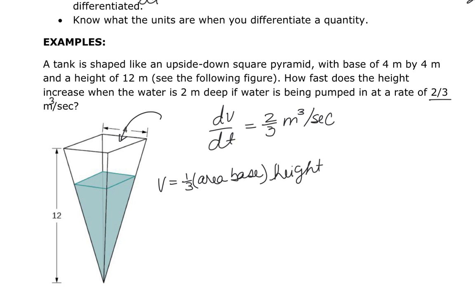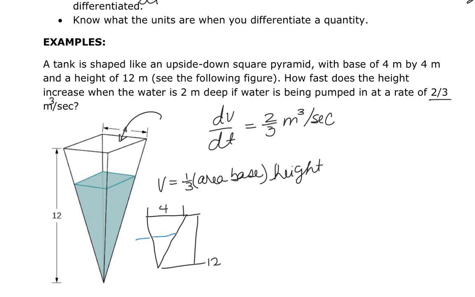Rather, what I'm going to do is look at the snapshot in time. So I'm going to look at my pyramid on its side, through the side. Now, we know that the total height here is 12. We know that this distance from side to side is 4. At the snapshot in time, I'm going to build this smaller triangle.